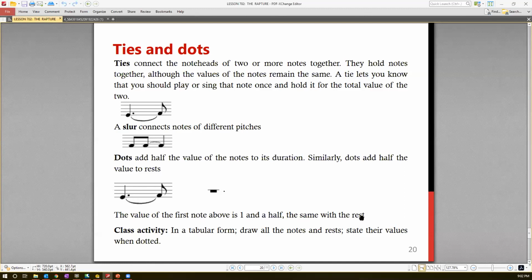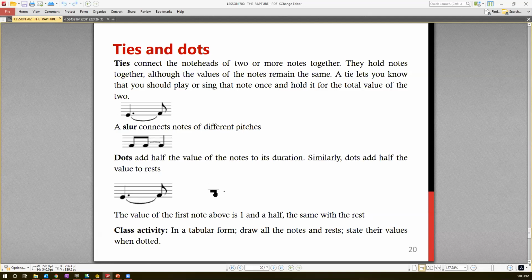The same with the rest. So if we have a whole rest, yes, this is a whole rest. Remember, it's like a hole. Walking along there and you fall in there, that's a hole. So it's a whole rest, a semibreve rest. If we have a dotted one, that means the semibreve is 4, and we add half of that, we have 6.